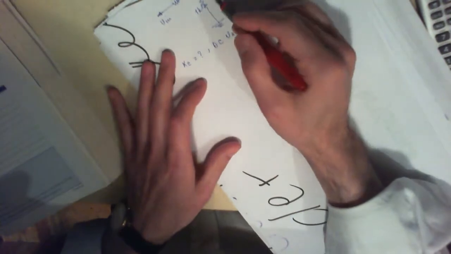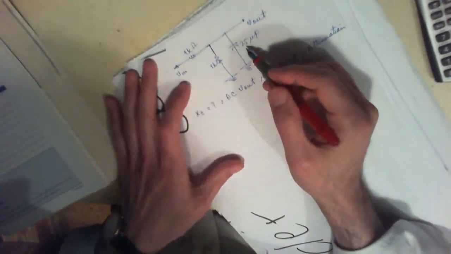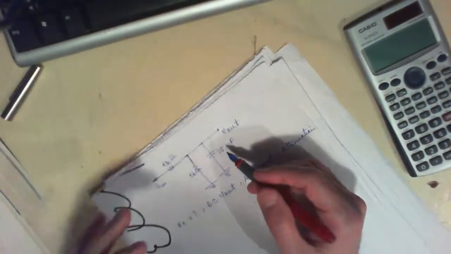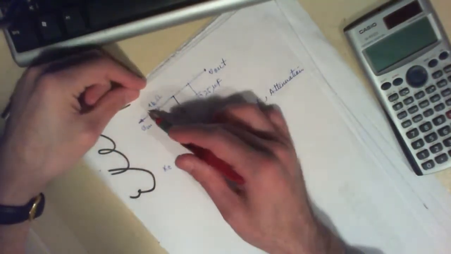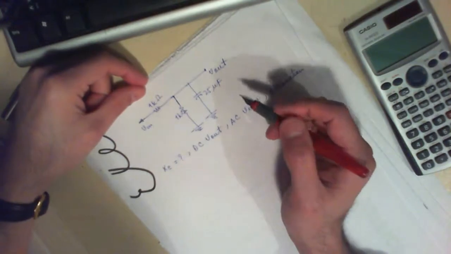Okay, so about this circuit that we have here, you have this 25 microfarad capacitor here, and these two 1K ohm resistors.